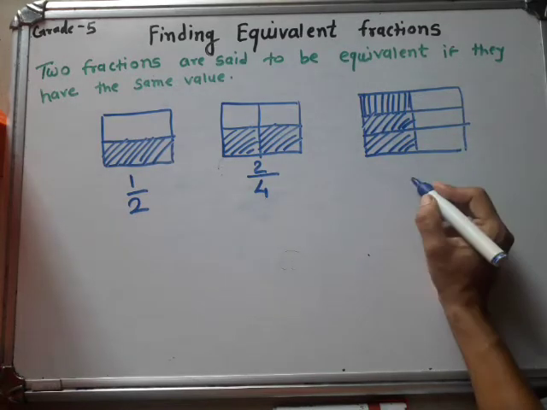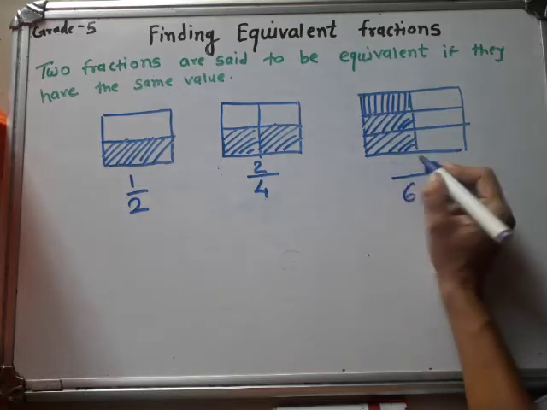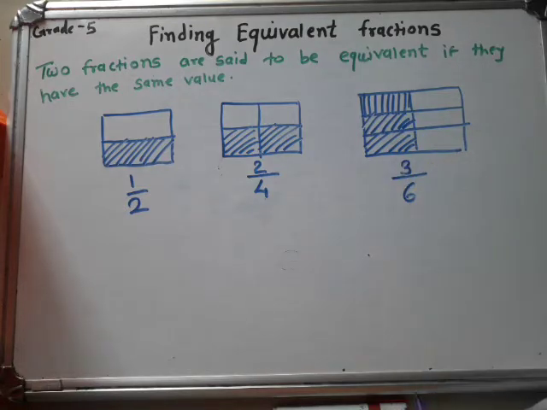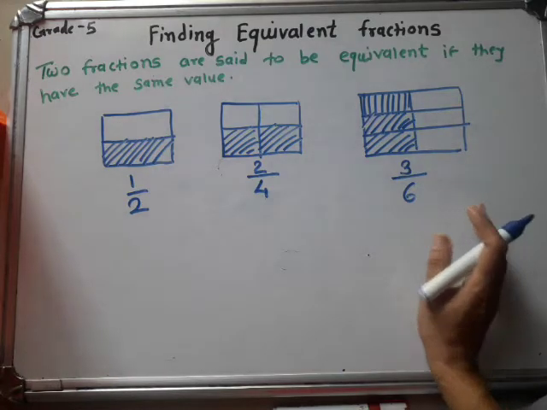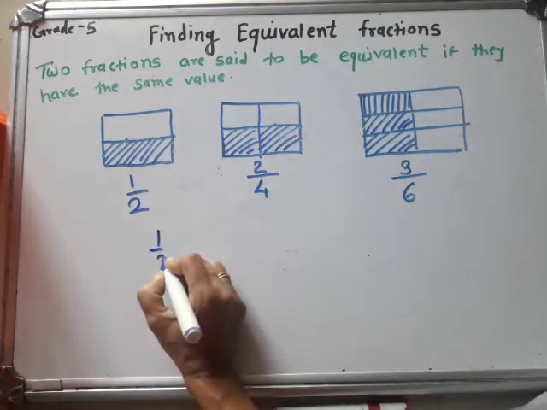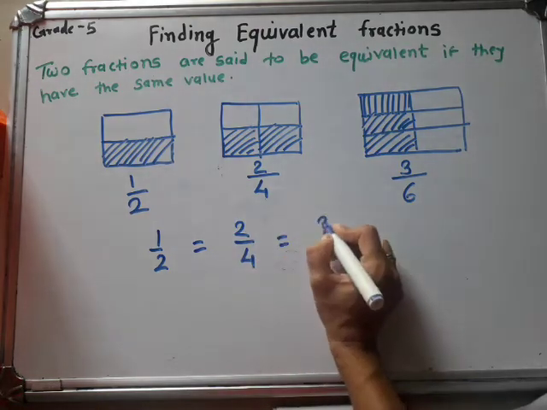Now here we get total 6 parts and 3 parts are shaded. So all three diagrams are equal. See here, this is 1/2 equal to 2/4 equal to 3/6.